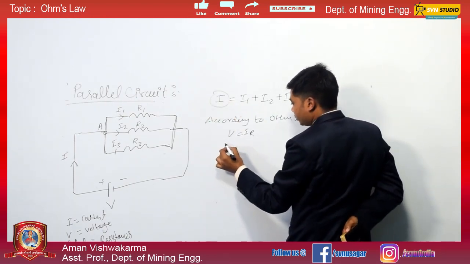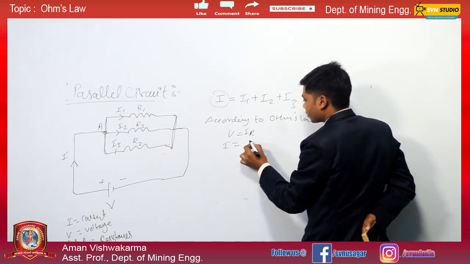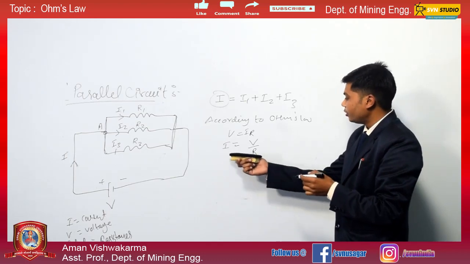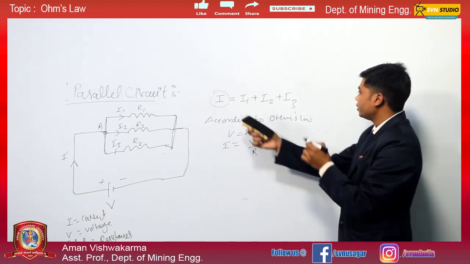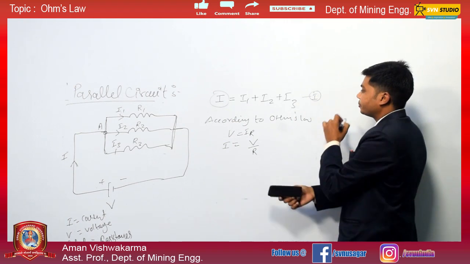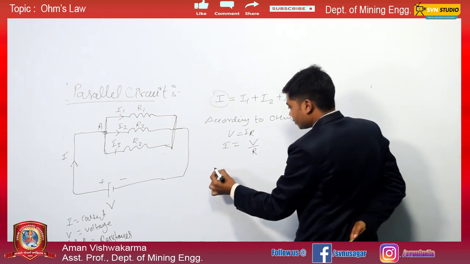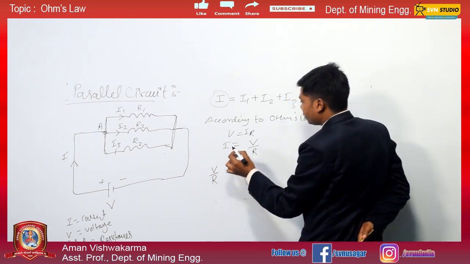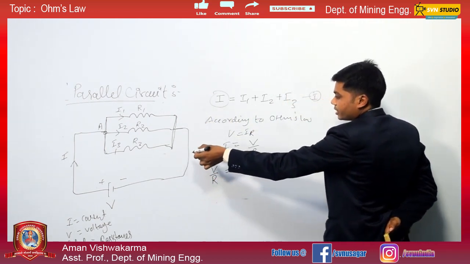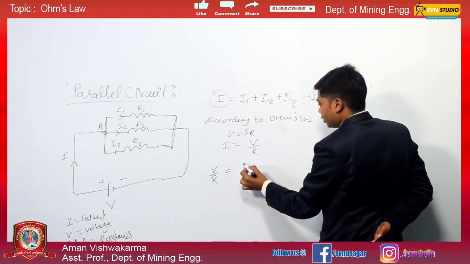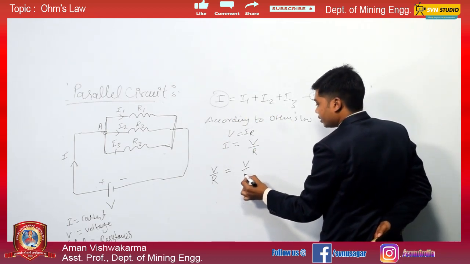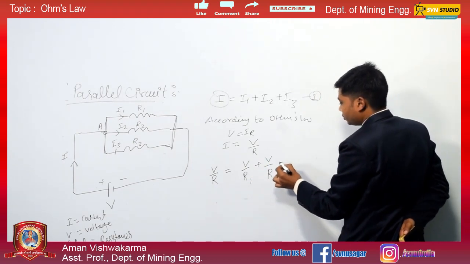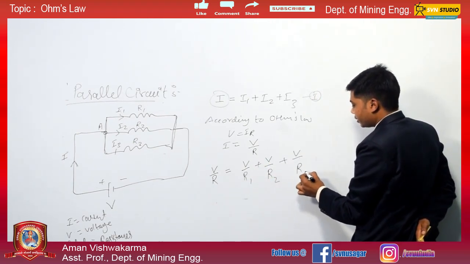The value of I is V by R. So, now putting the value of I in equation 1 we can see, V by R is equal to, as voltage is the same in all the resistances, V by R1 plus V by R2 plus V by R3.